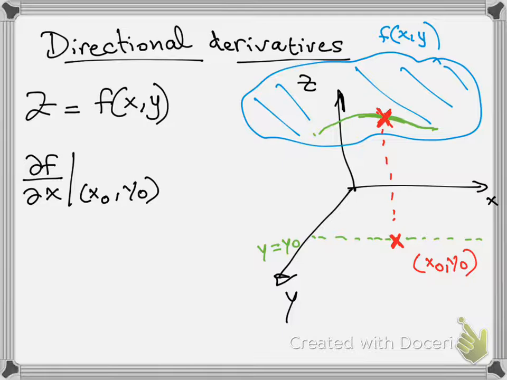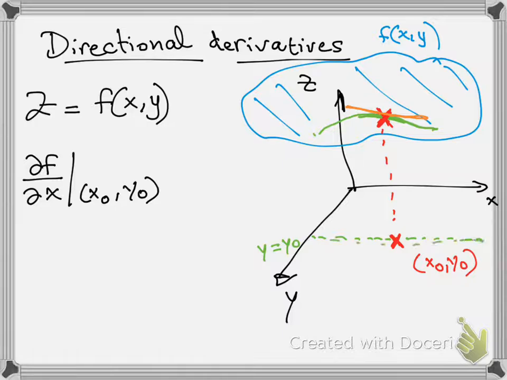Okay, so then you have this curve, and the tangent line to this curve at this point, right? And the partial f partial x at x0, y0 would be the slope of this tangent line to this green curve here, which is the image of the line y equal to y0.